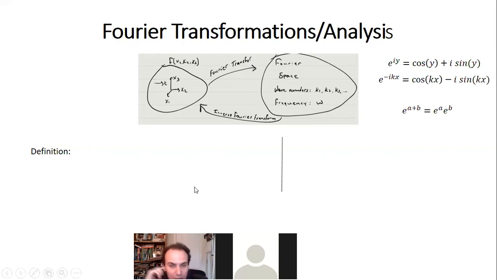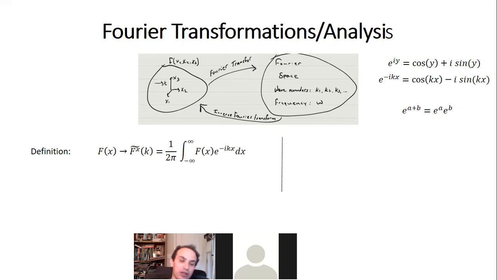So now, how to make this transformation? Here it is. Let's say I will talk now about one-dimensional space. I have some function f, which is a function of x. Let it be anything. It can be velocity, it can be length scale, it can be something. So I will do a transformation.